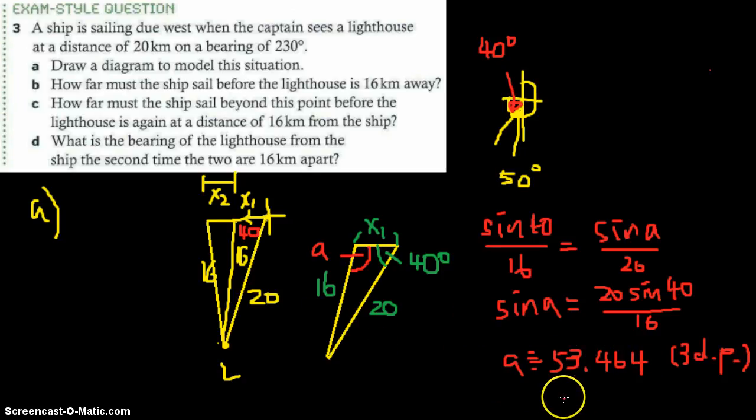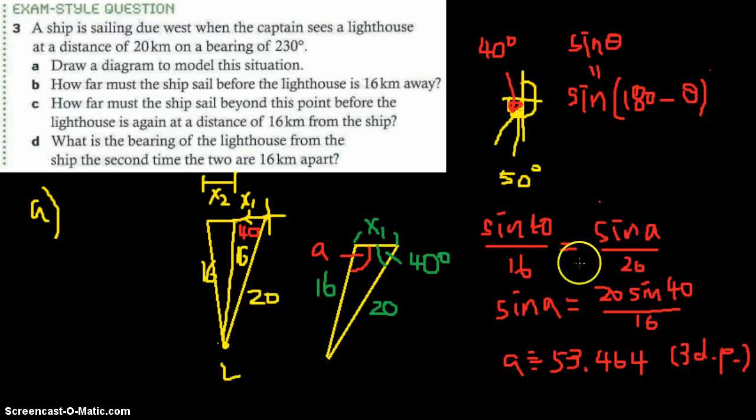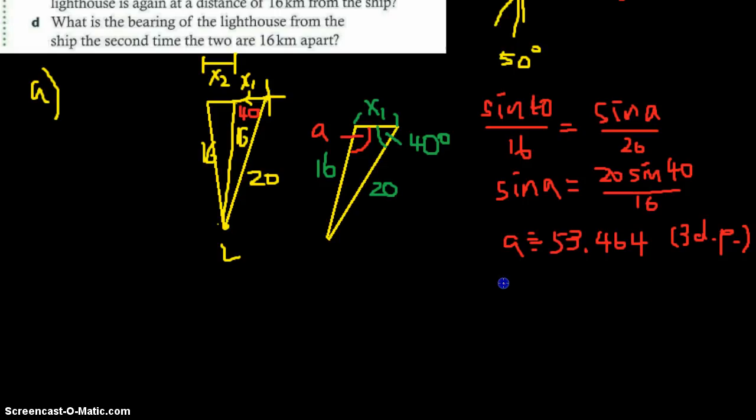Now, but that's not the only angle that I get here, right? Remember, one of the rules was sine of theta is equal to sine of 180 minus theta, right? That's one of the rules that we talked about. So another possible value for A would be, let's say the value we just found we call A1.